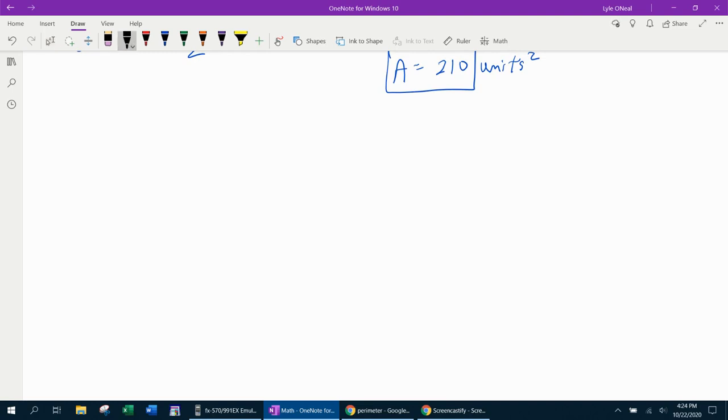And since I don't want to cheat you out of some learning, we are going to do one more example. Let's do a word problem, okay? It says the dimensions of a triangular lot are 100 feet by 50 feet by 75 feet. So let's make a note of that.